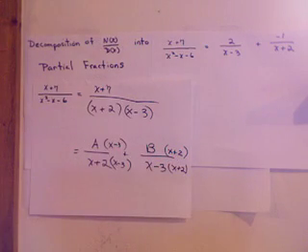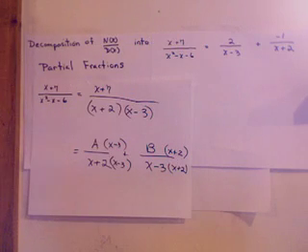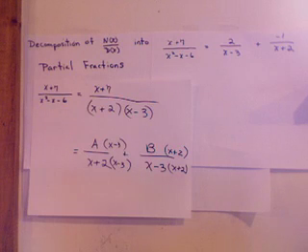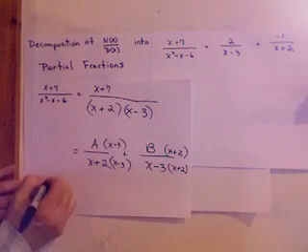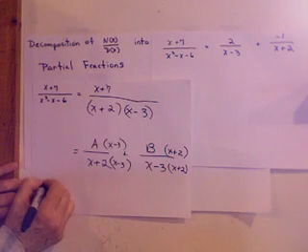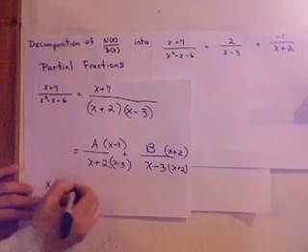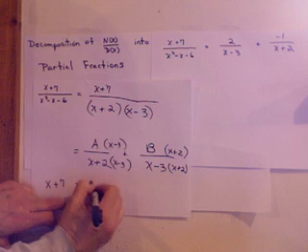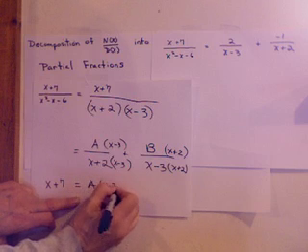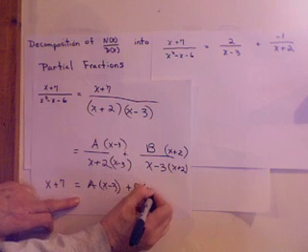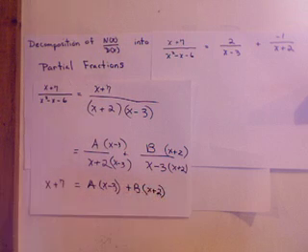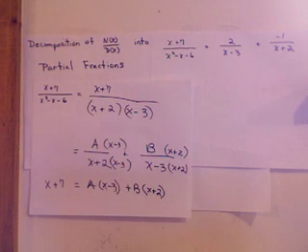Now, if we want to solve this, we can set the tops equal and solve the parts separately. Let's just take the top. So we have x plus 7 has to equal A times x minus 3 plus B times x plus 2. And we work from there.